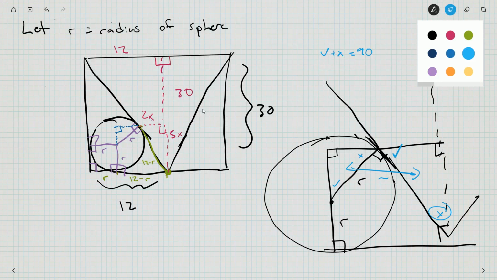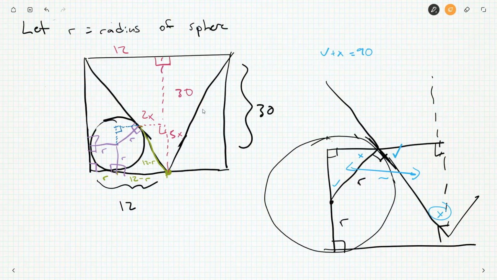So if I started labeling instead from the smaller triangle, just so that my functions are getting bigger, call this guy x, and then suddenly this is 5 over 2x. And then this is 12 minus r, because there's r here, and it's 12 in total, so 12 minus r minus 5 over 2x is this length right here.